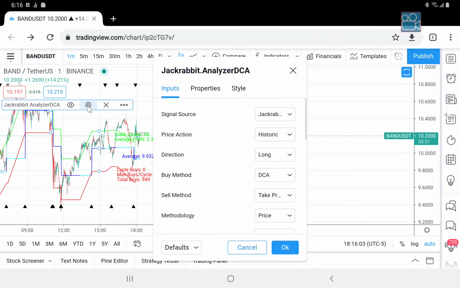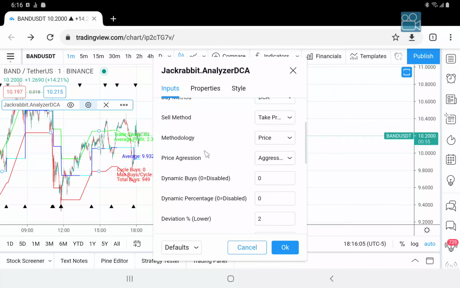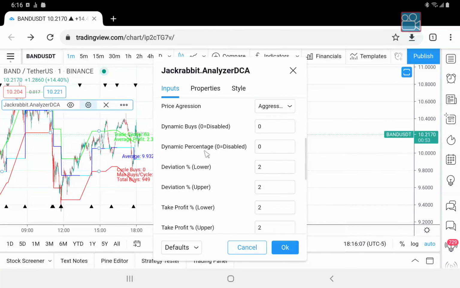First of all, right now my default setting has been a minimum of 4% deviation. Okay, so lower boundary, 4%. Now, what would I choose for the upper boundary?